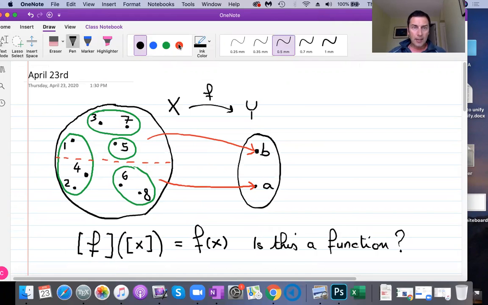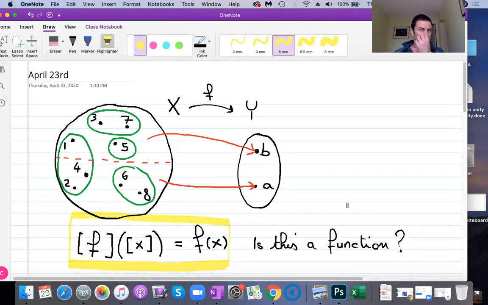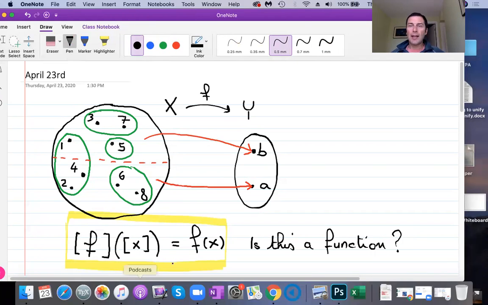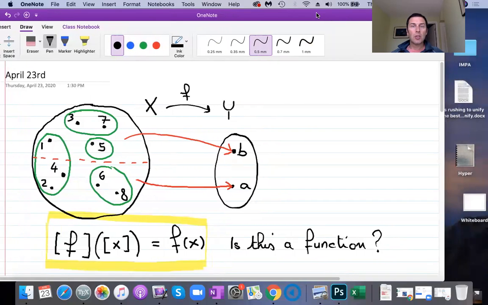And we can still try to have a prescription like this that says, how about we define a function from the quotient set of x mod this equivalence relation to y by just removing the square brackets? And so the question is, in this case, does this prescription that I highlighted in yellow define a function from x mod tilde to y?